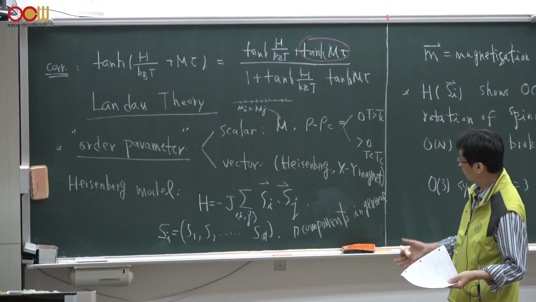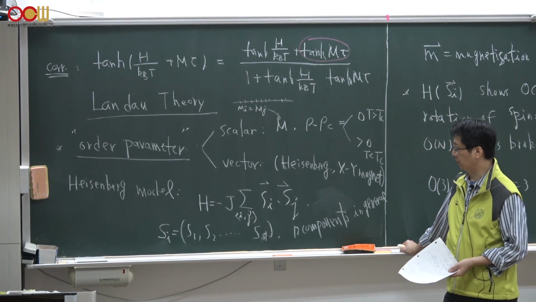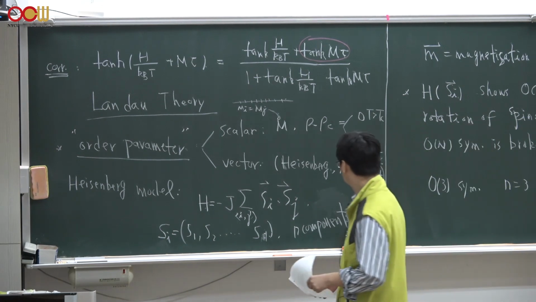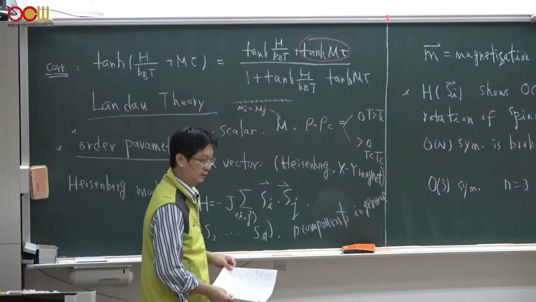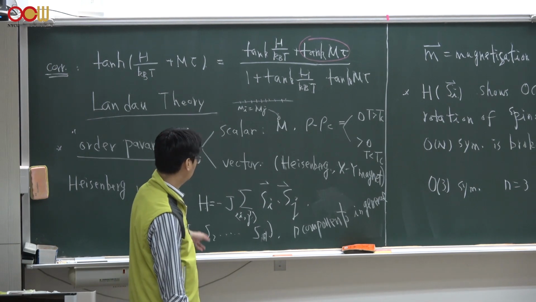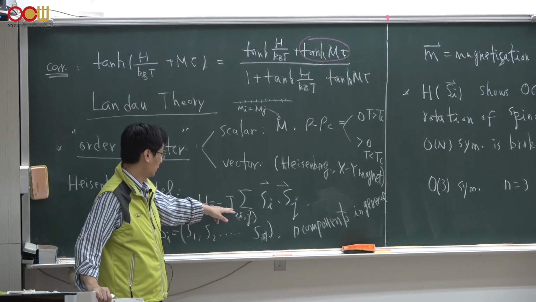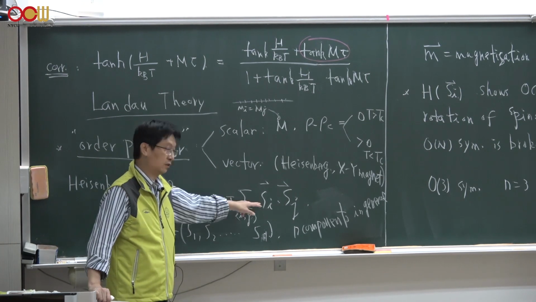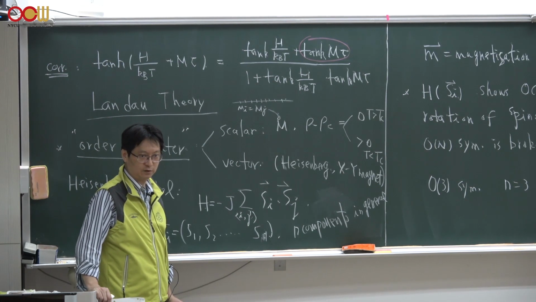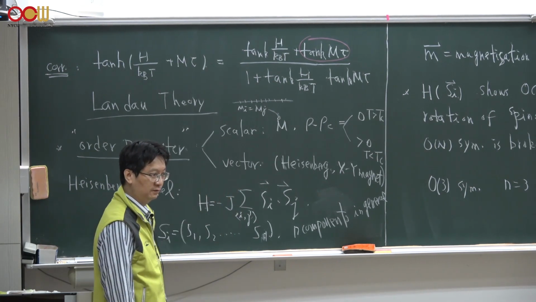In more realistic and more complicated models, this order parameter could be a vector, such as in the Heisenberg model or the 2D XY magnet that we will introduce in just a moment. For example, the Heisenberg model is described by the exchange coupling J_ij times the dot product of S_i and S_j vectors, where S_i and S_j are n-component spin vectors.